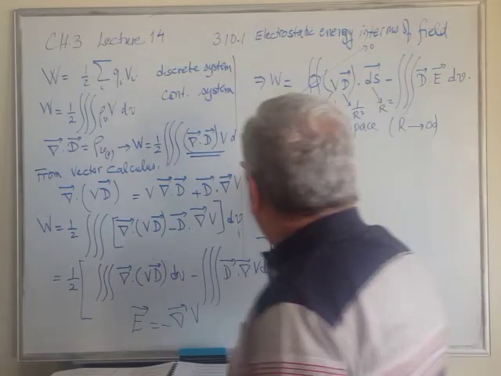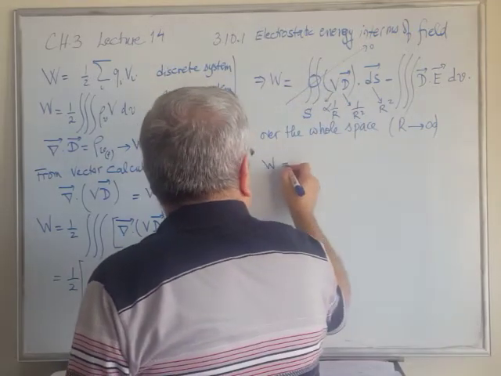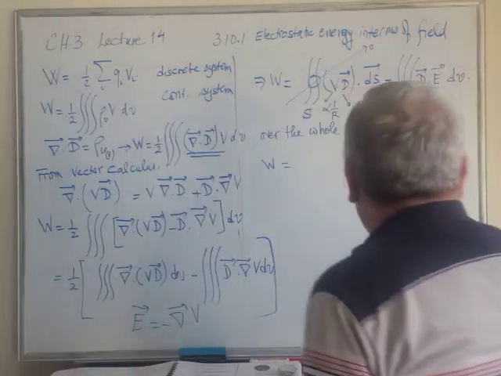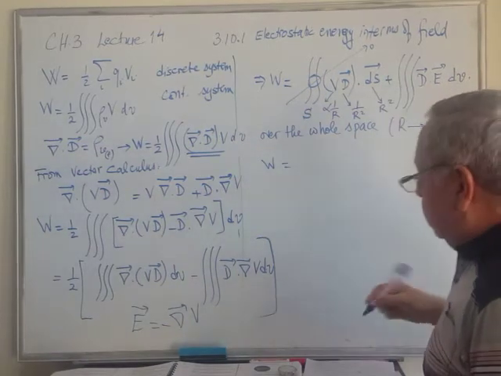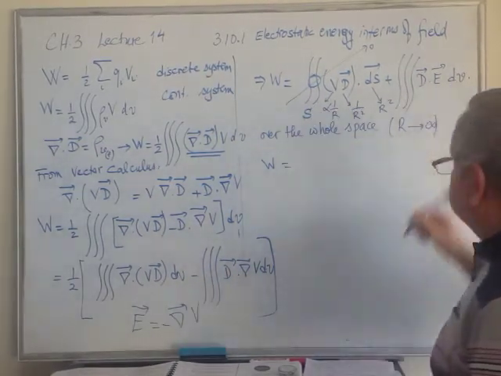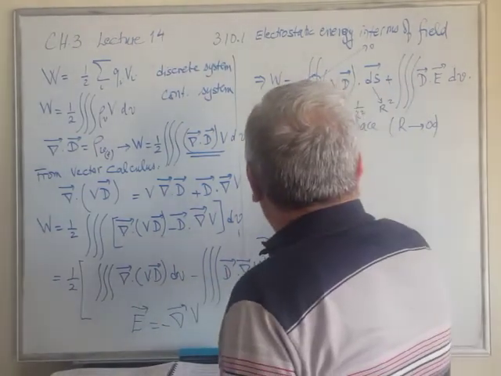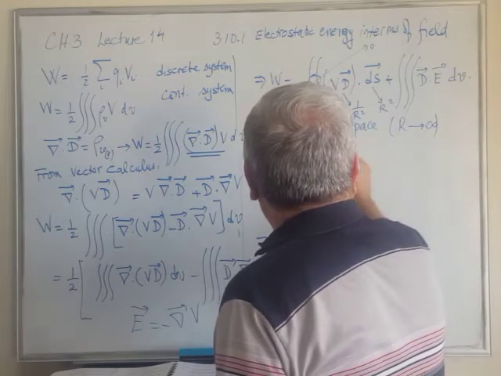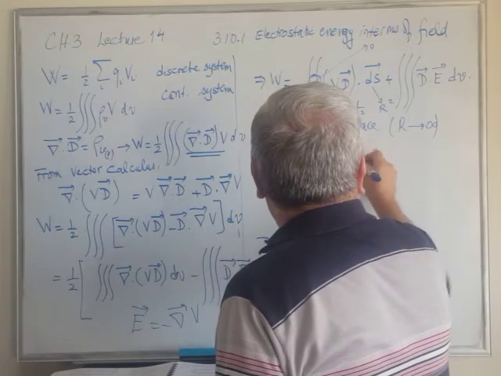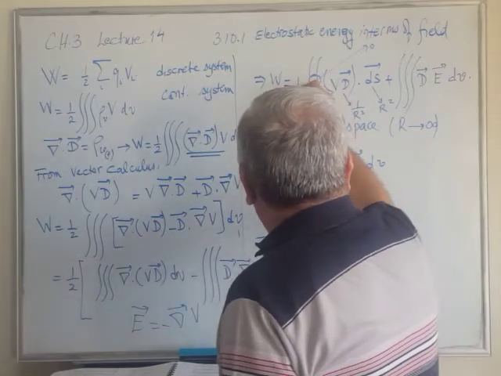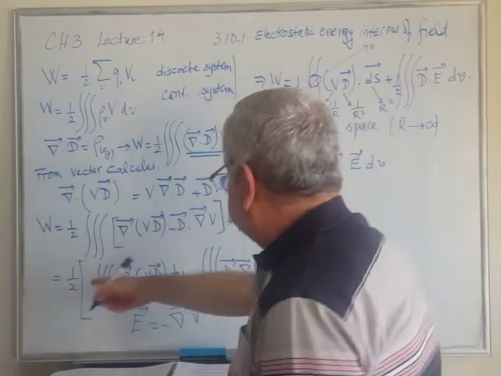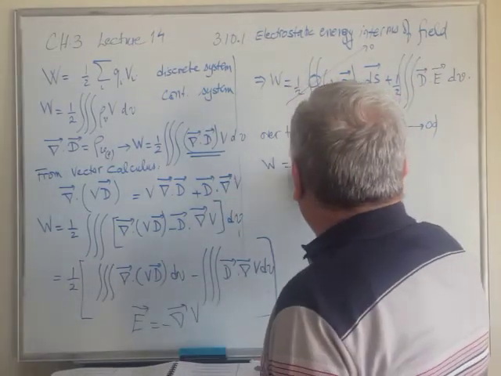And then we are left with what? With W equals to, here this will be a plus sign because minus grad V is E. So it will be the triple integral of D dot E dV. Definitely there is a half outside here which was there. So this is half.